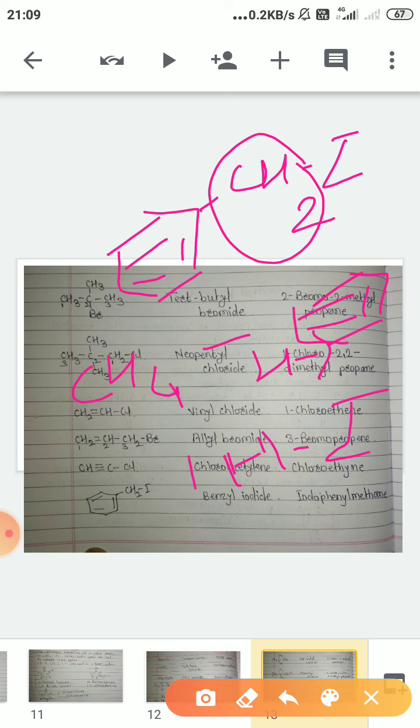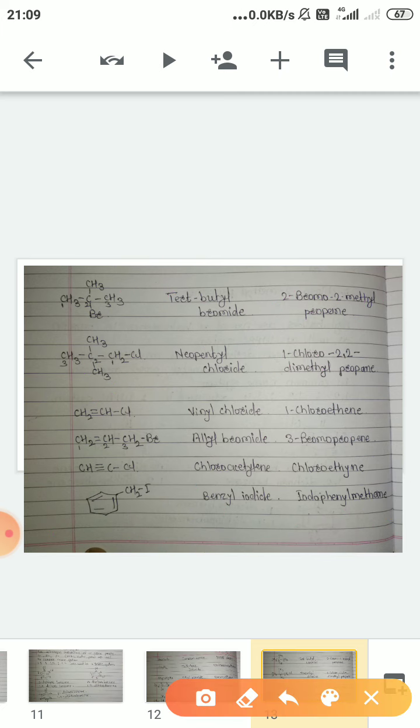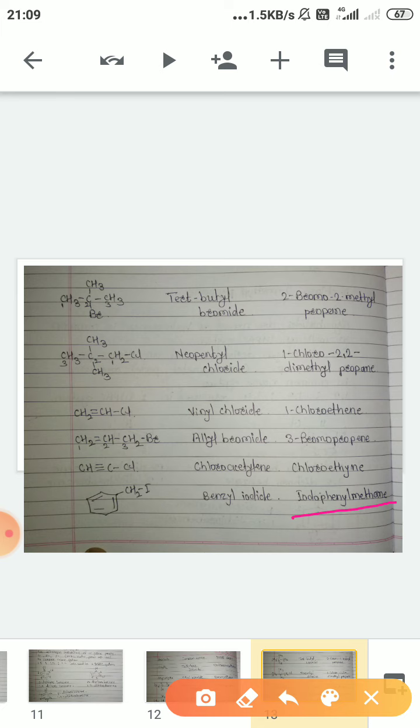Therefore the name of the compound is iodophenylmethane, and this group is the phenyl group. So the name here is iodophenylmethane.